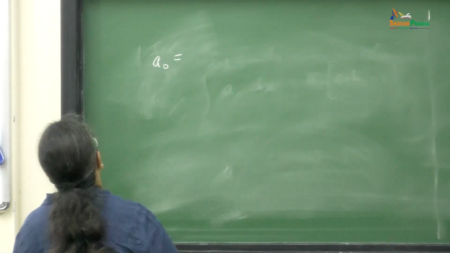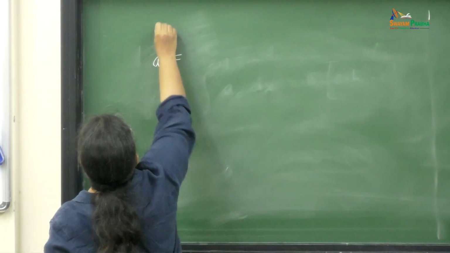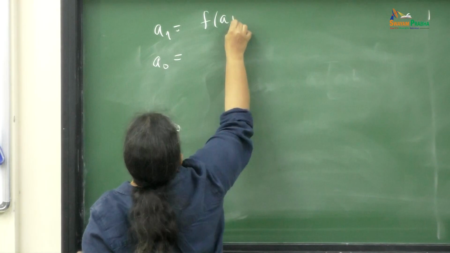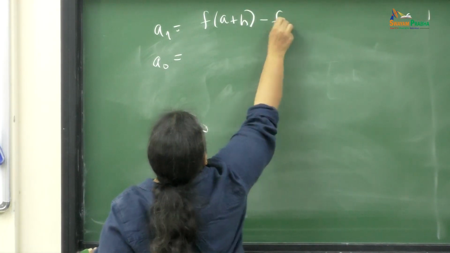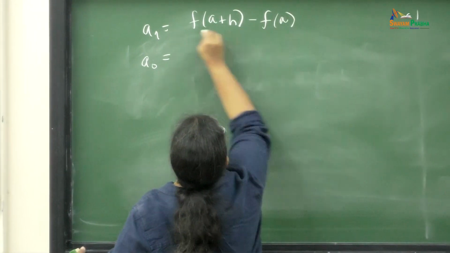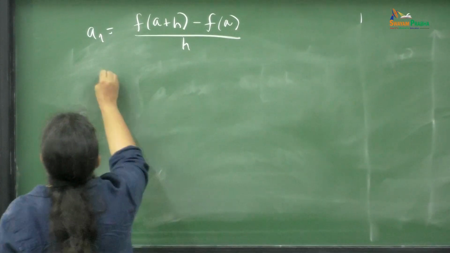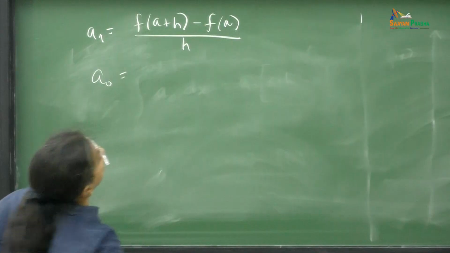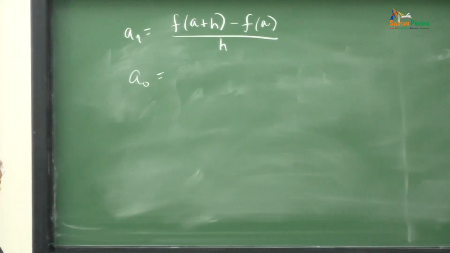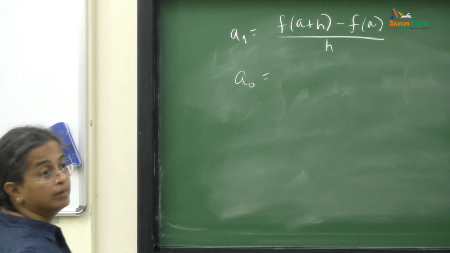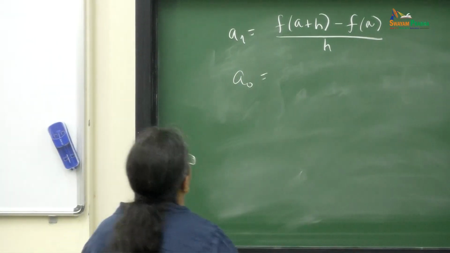You found a1. Tell me what is a1, a0? You have to subtract, right? f of a minus a1 into a. Correct? So what do you get?